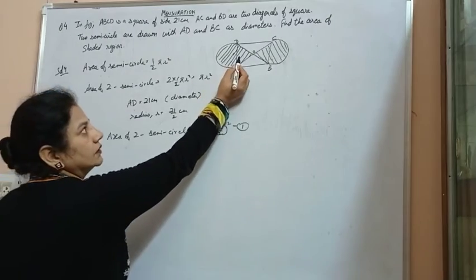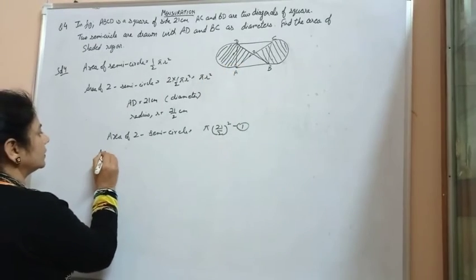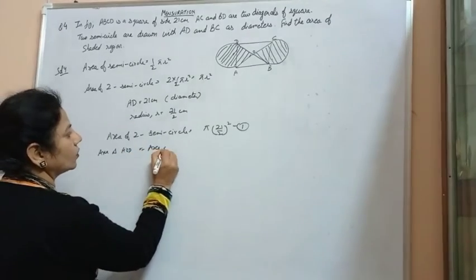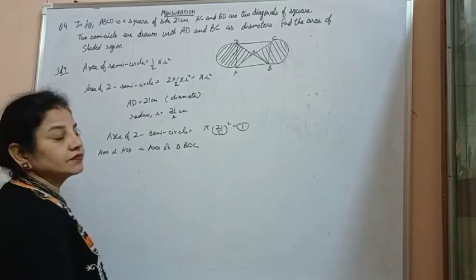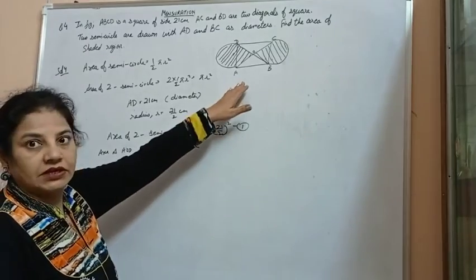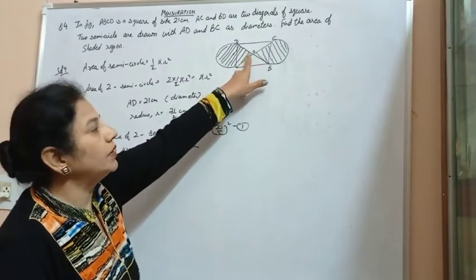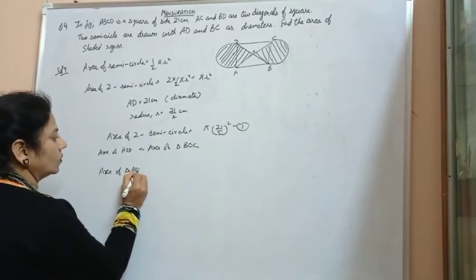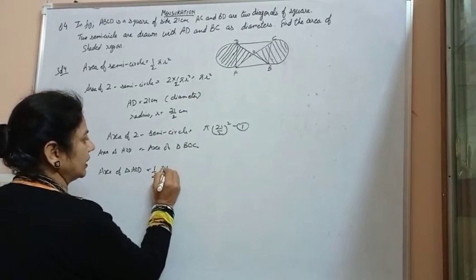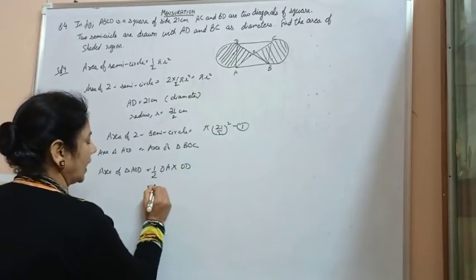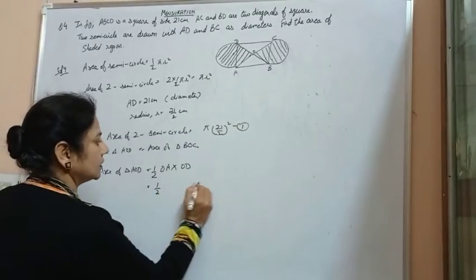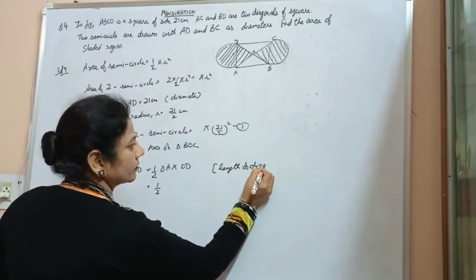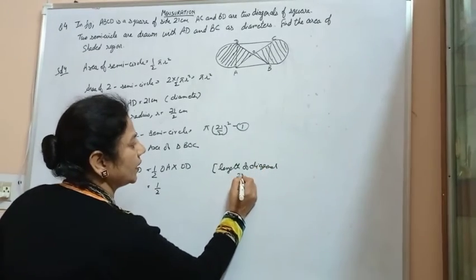Now the area of these two triangles. Area of triangle AOD is equal to area of triangle BOC. As we know that the diagonals of a square bisect each other, OA is equal to OD, and OB is equal to OC. So the area of triangle AOD is half, OA is the base, into height OD, and the length of the diagonal is given as 21 root 2.